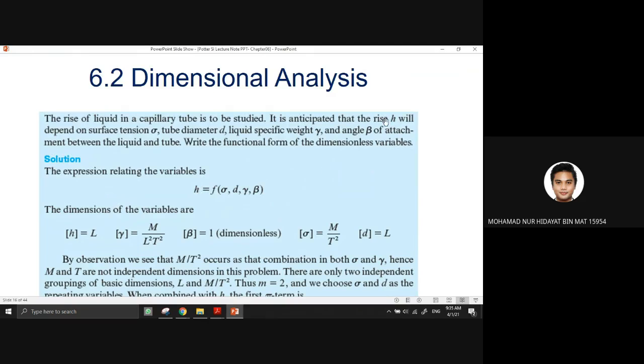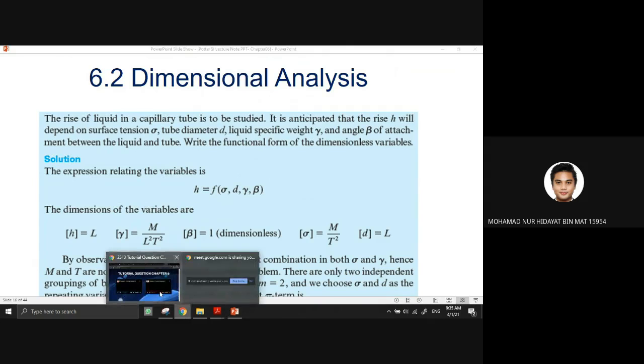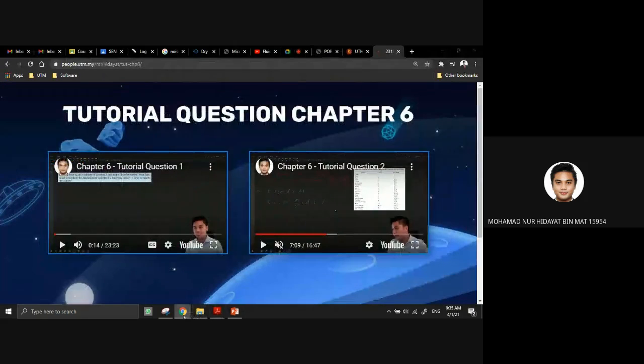The dependent variable should be on the left side, which is h equal to a function of the surface tension, the diameter of the tube, the liquid specific weight rho g, and the angle of attachment, right? So based on this, step number one is we need to form the function.